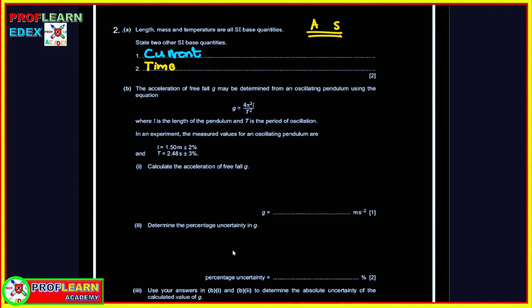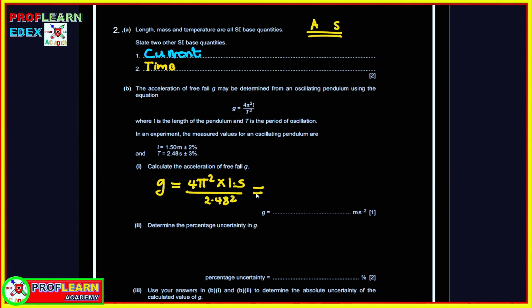Now, for the acceleration g, we are going to substitute the value of L and the value of T into the formula that was provided here. That is basically what you are going to do without using those percentages. You just substitute the 1.5 and the 2.48, but you square the 2.48 because T was squared.